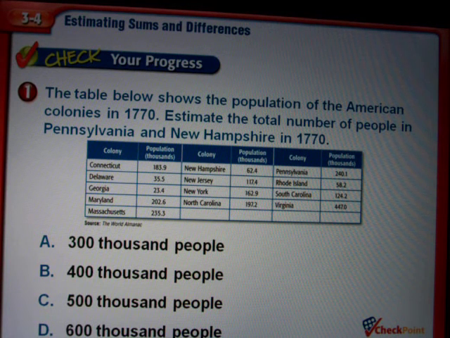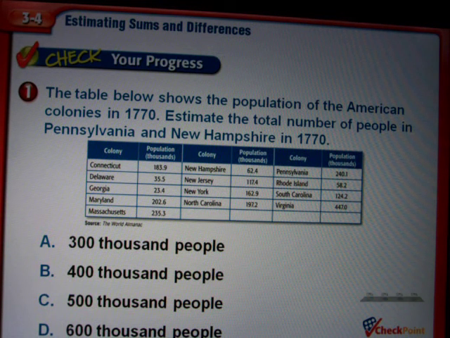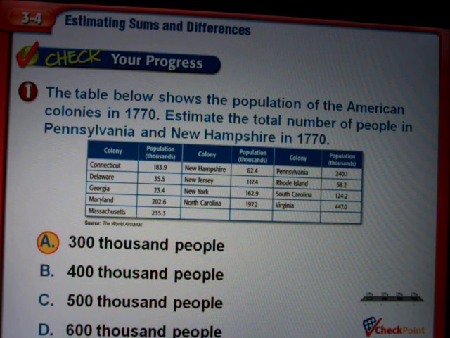So is the answer A, 300,000, B, 400,000, C, 500,000, or D, 600,000 people? And your answer is A. If you do 240 plus 60, that gives you 300,000.